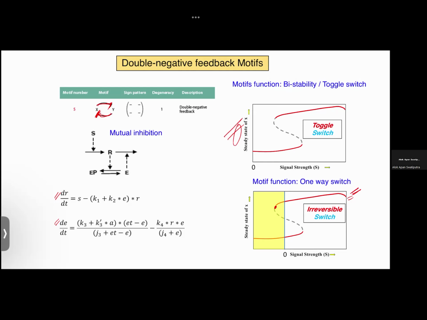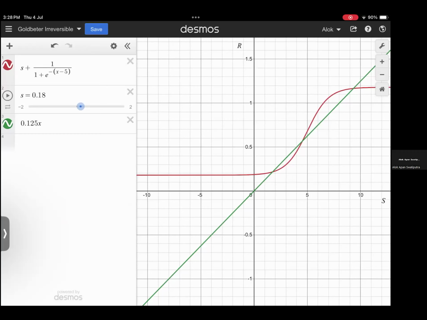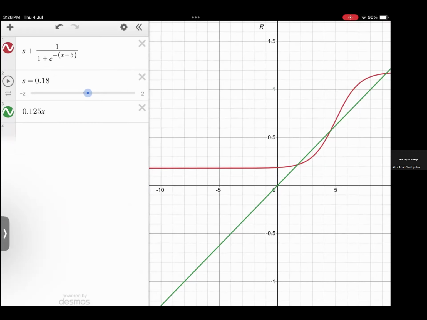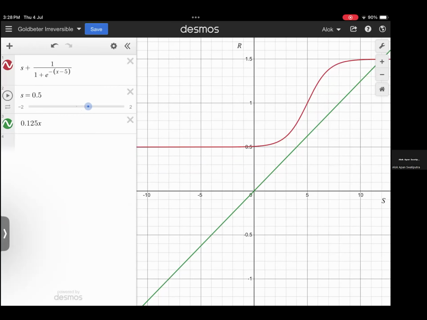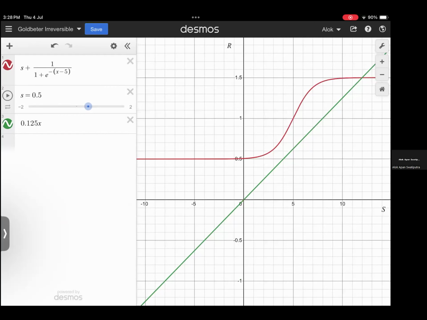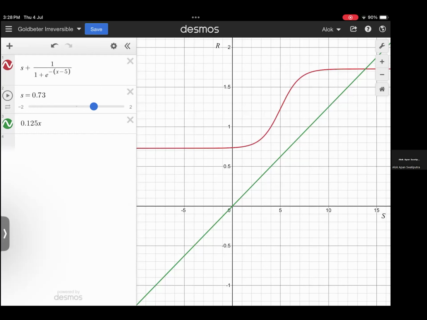I can show you one example. Remember this particular example which I showed? So 0.15. If you remember, this was what I had shown as the irreversible switch, right? So initially you have only the high level of steady state. See, if I keep decreasing S, there are three steady states.